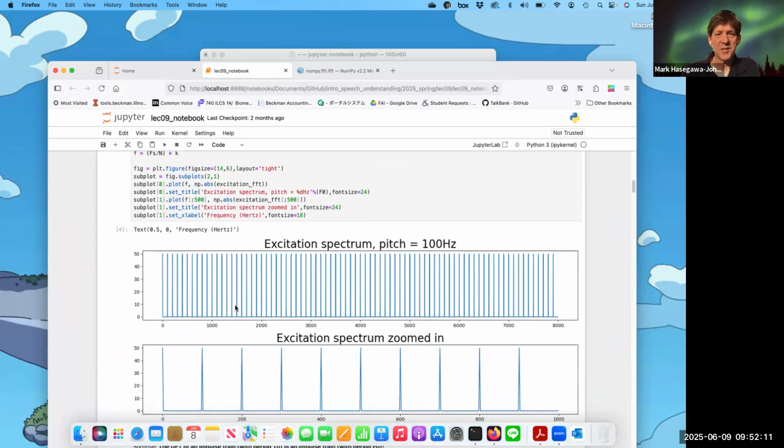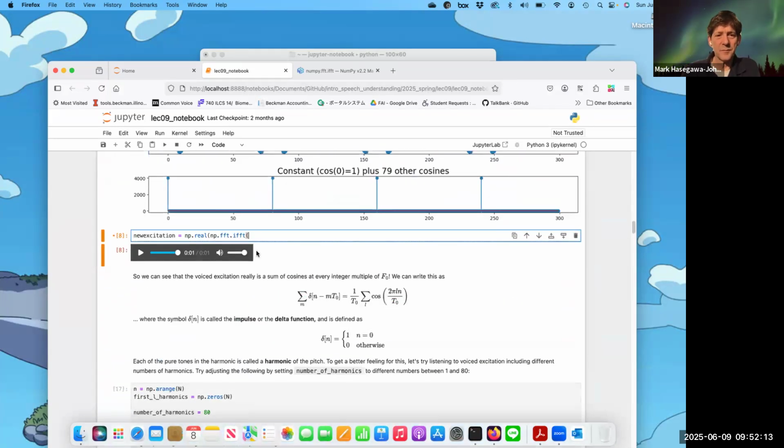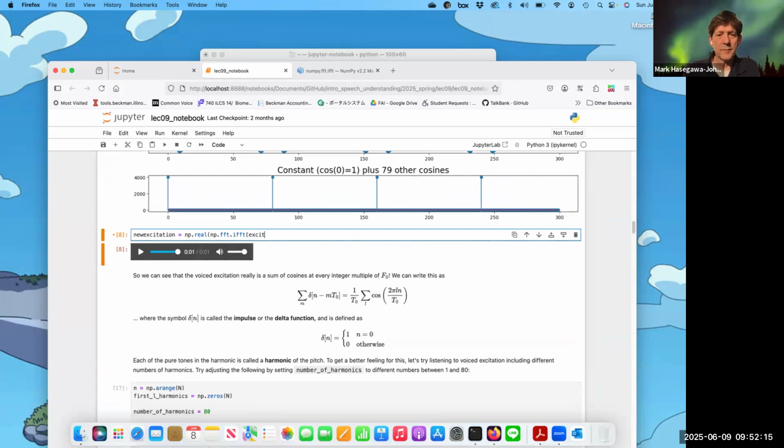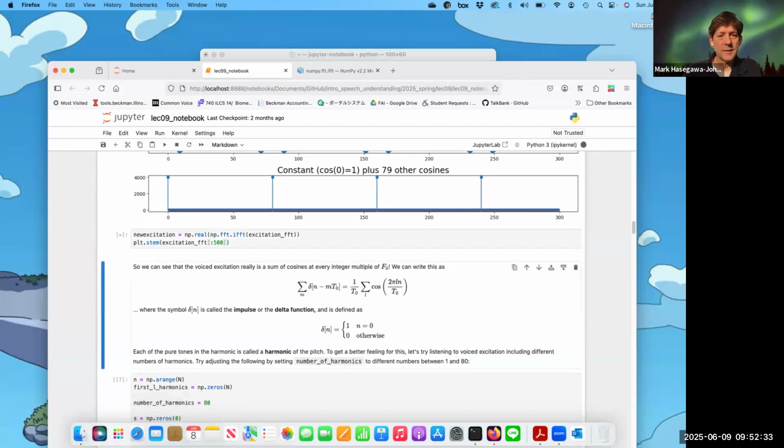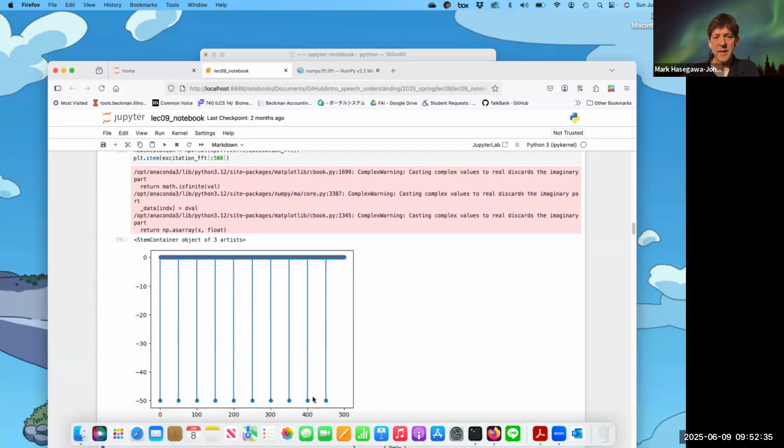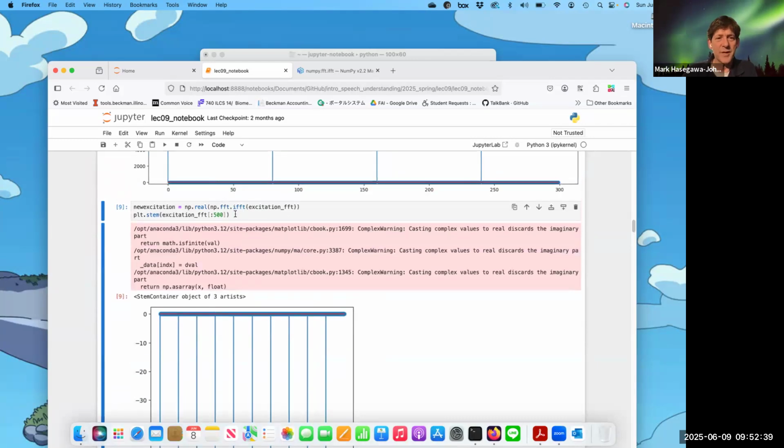I called it excitation FFT. Let's stem plot it, only the first 500 samples. And we've taken the IFFT and we get back that same impulse train.